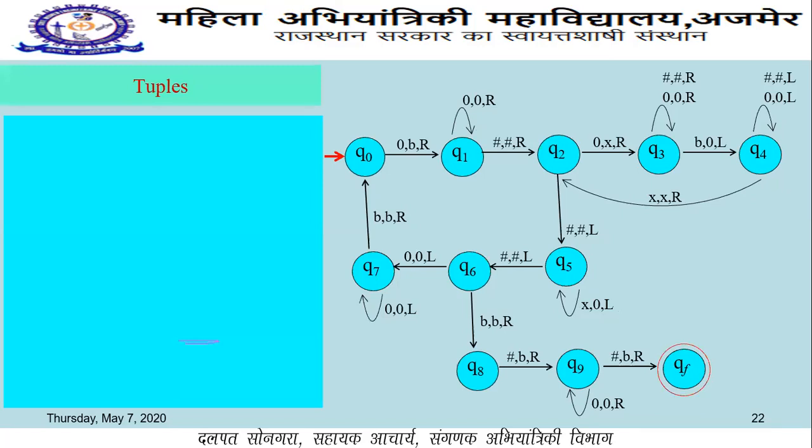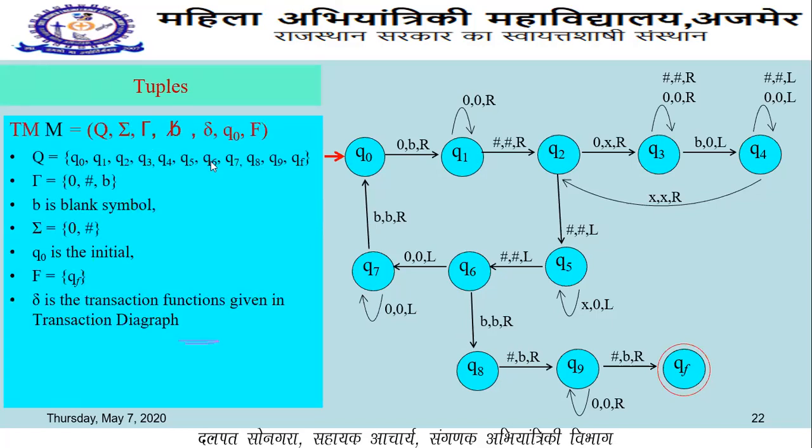The tuple of this Turing machine is as follows. This is the set of states from q0 to qf, and tau is the tape symbols 0, hash and blank. B is the blank symbol, a default symbol representing the absence of input.